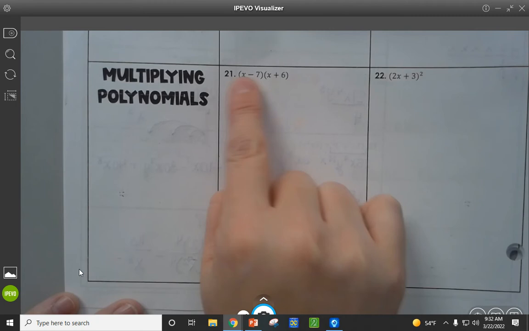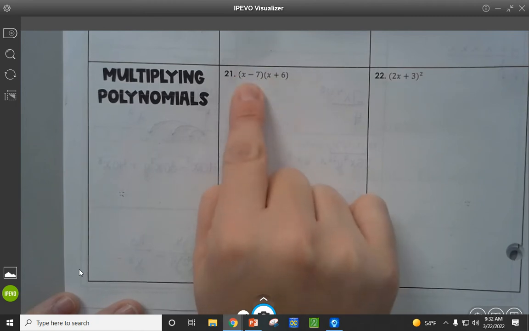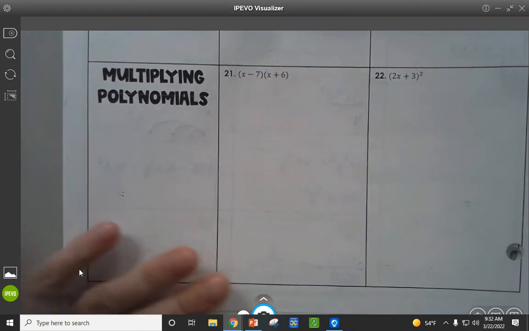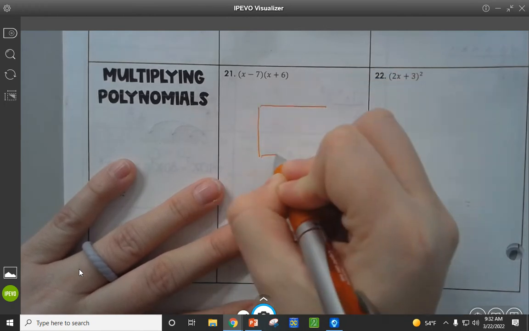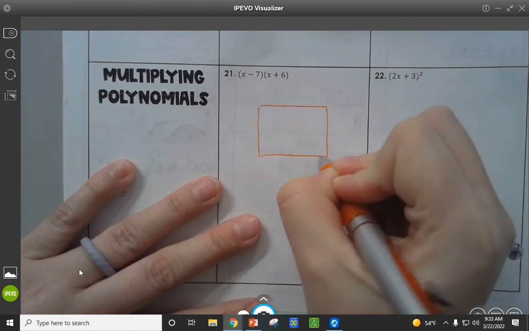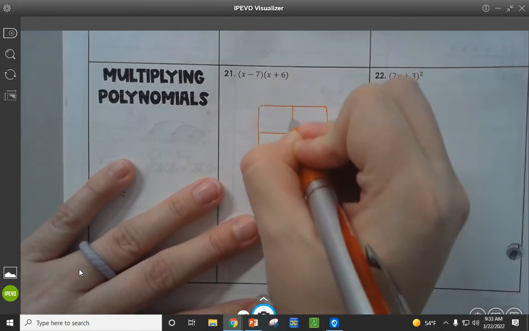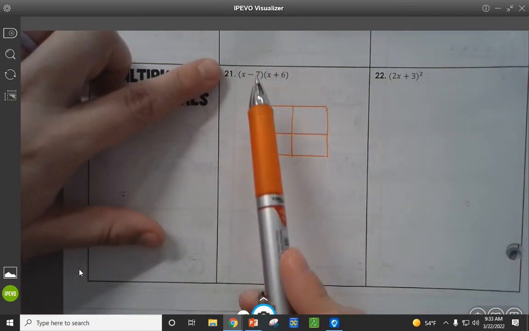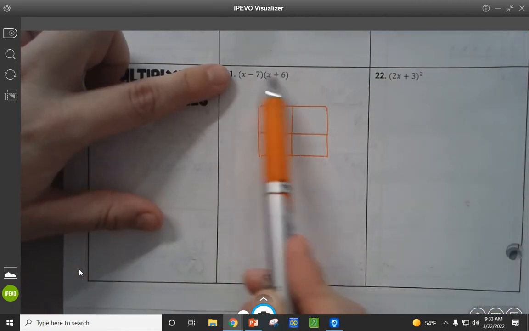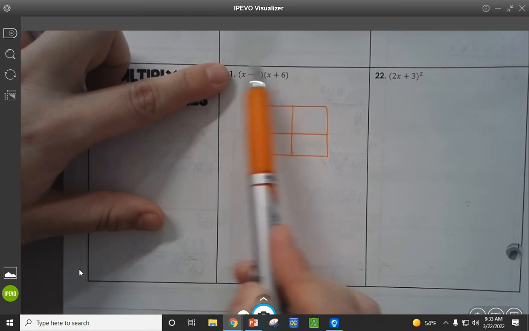So I'm going to make a 2 by 2 box because I have 2 terms and 2 terms. So really, if you think about this, when we did factoring, this looks like the factors.